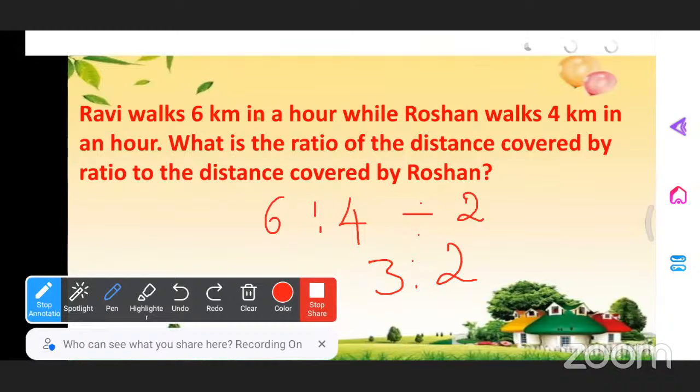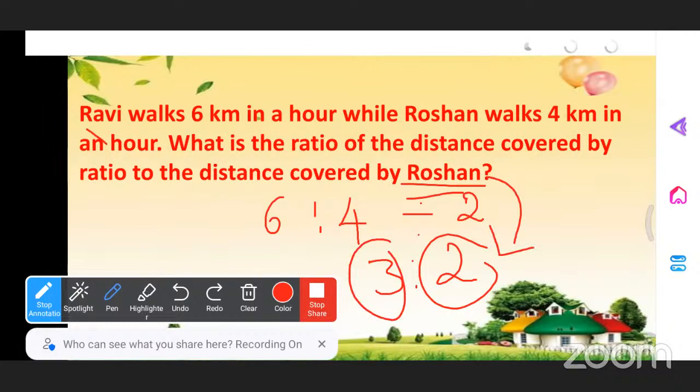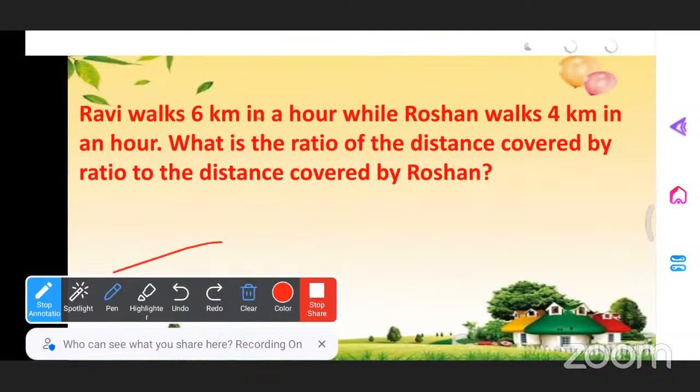Ma'am, Roshan covers, ma'am, that is 2 kilometers. Very good, Kana. Because here we ask second term. First term refers to Ravi and then second term refers to Roshan. Okay, Kana? Are you clear, ma'am?